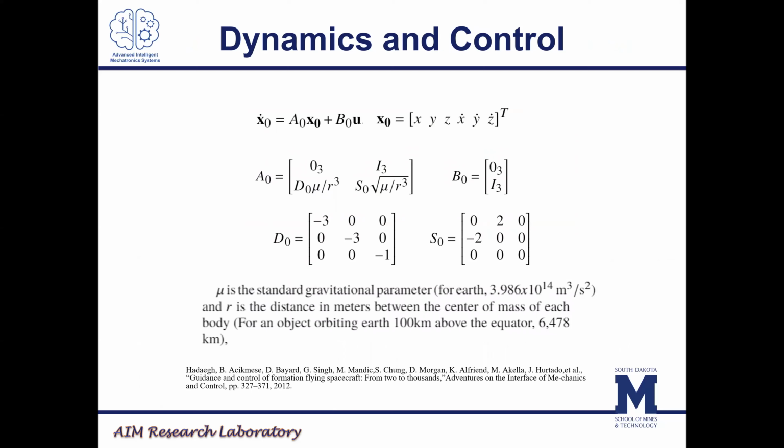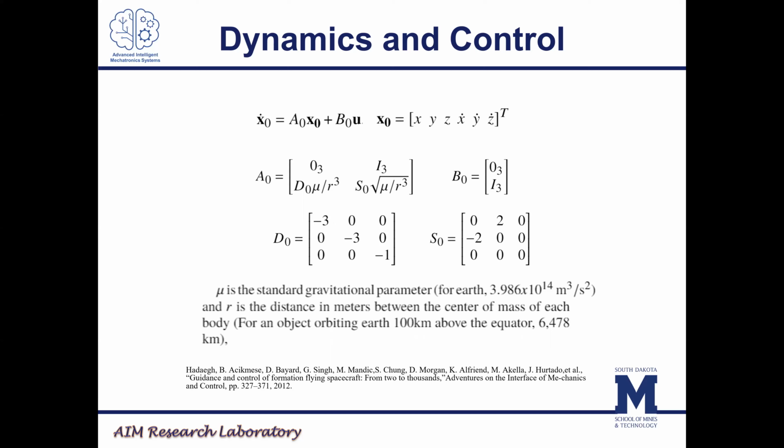So the model we're using here was derived by Hide in his 2012 paper at the bottom of the slide. And basically this model has a 6-element state vector where we've got our XYZ position and our XYZ velocity. This model is linearized about a circular orbit about any body.